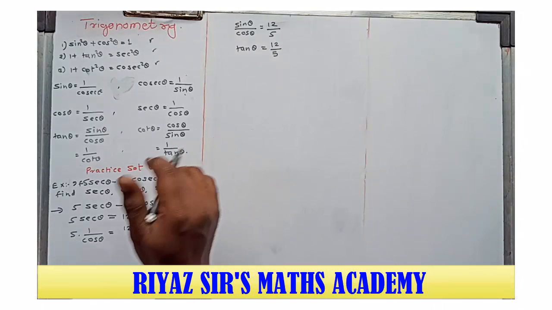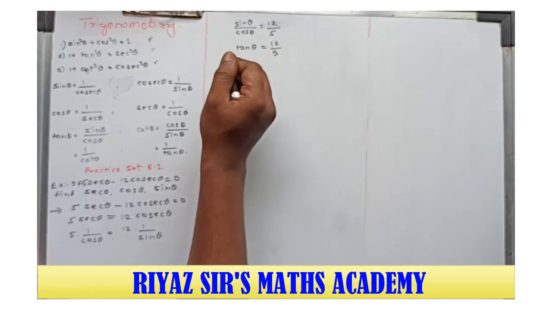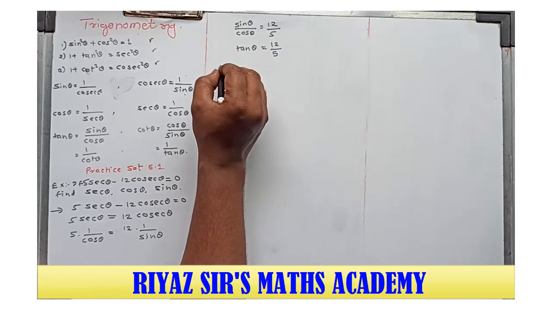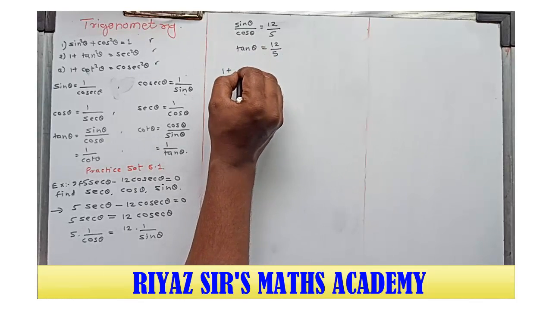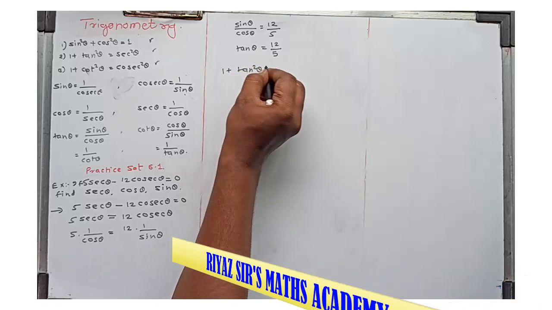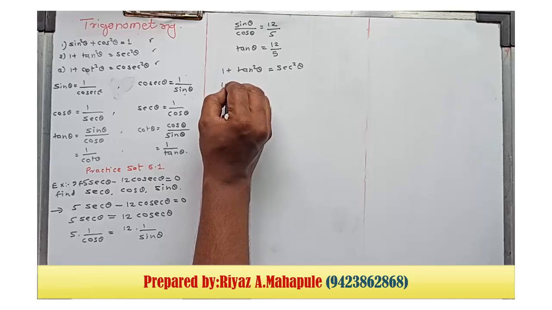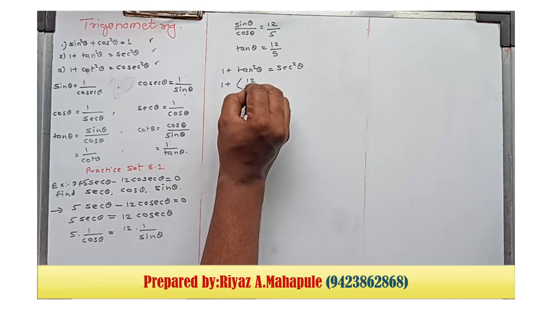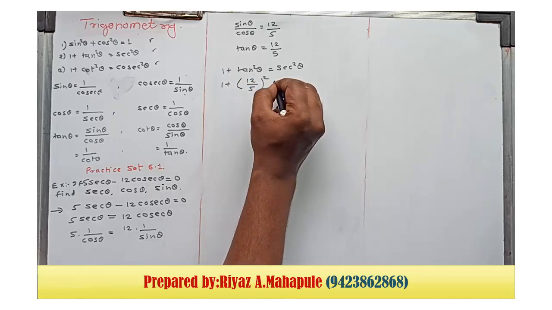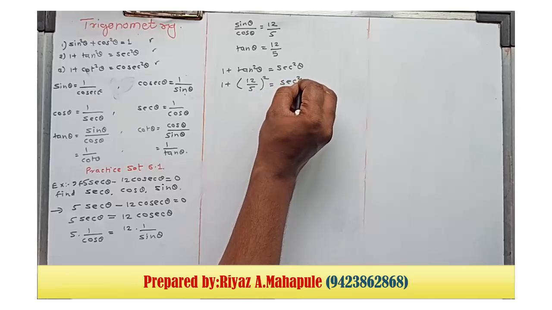Now from that tan theta we can find sec theta, as we solved in the second example. So we have this identity, 1 plus tan square theta is equal to sec square theta. So you will get 1 plus tan theta, which is 12 upon 5 bracket square, is equal to sec square theta.